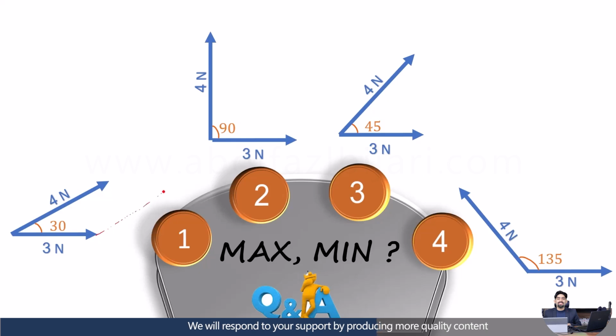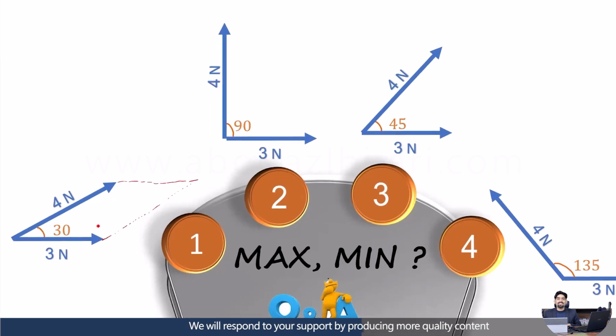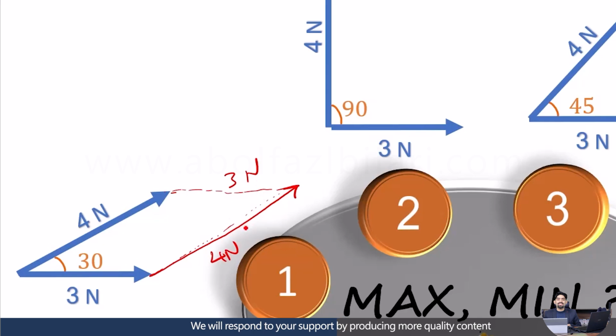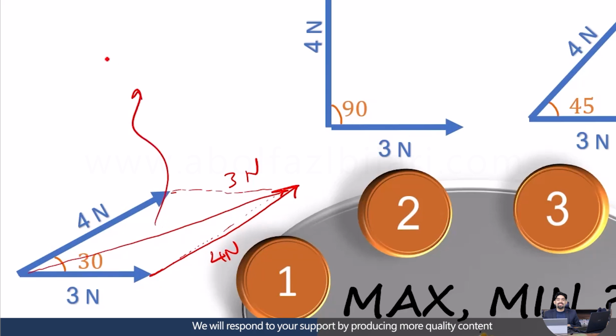I want to solve the first one; the others are the same. We draw exactly 4 Newton from the end of 3 Newton. We connect the beginning point to the end. This is the resultant.